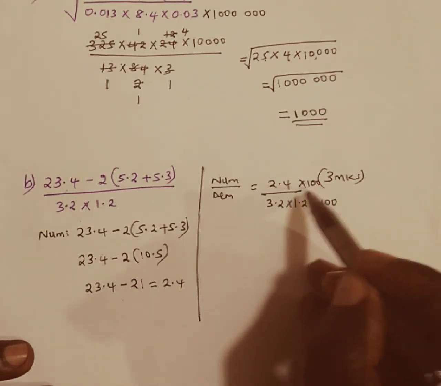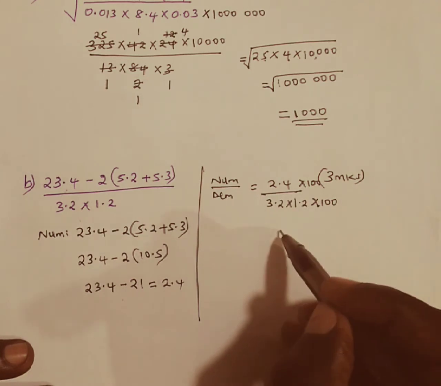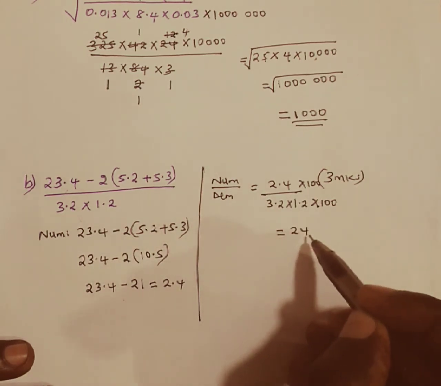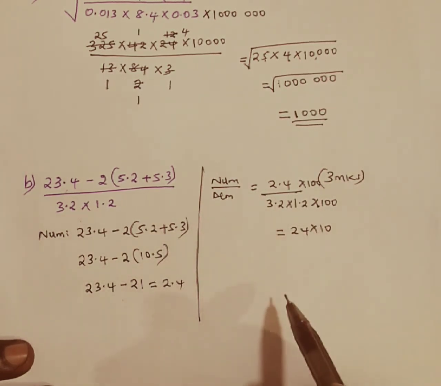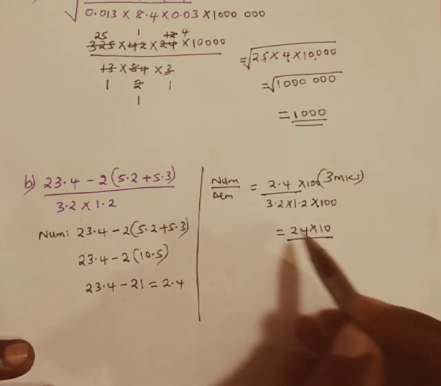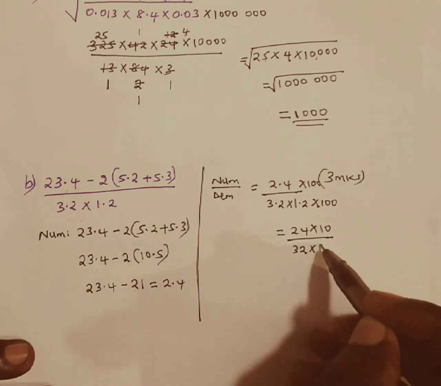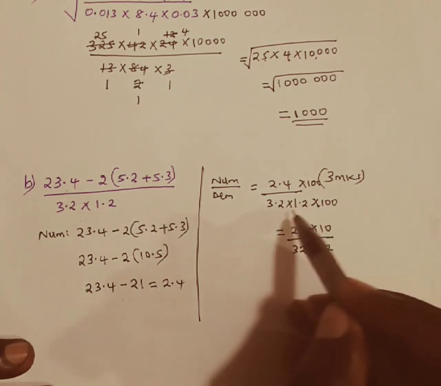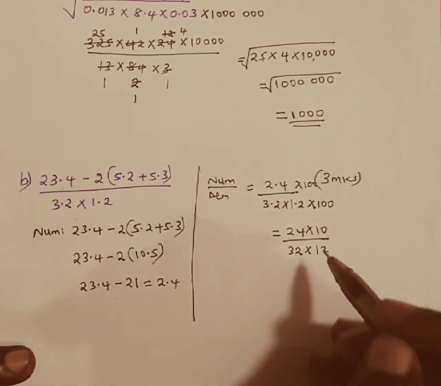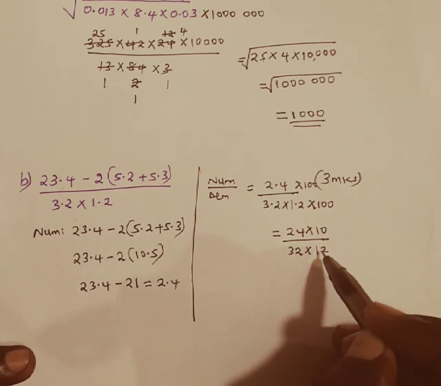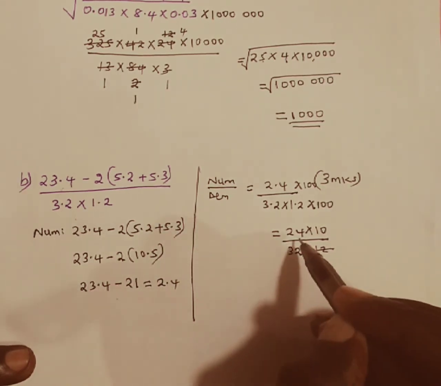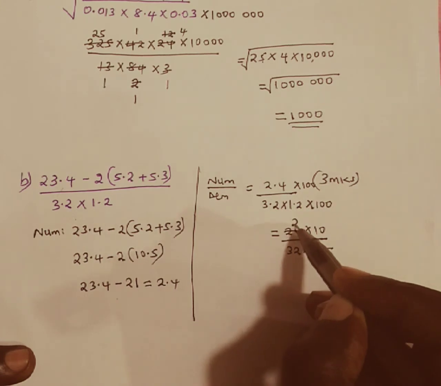So 10 will go with 1 decimal point, so that we have 24 multiplied by 10 divide by, we have now 3, that is 32 multiplied by 12, since 100 removes the 2 decimal points. If we simplify at this point, 12 goes to itself once, it goes to 24 2 times.